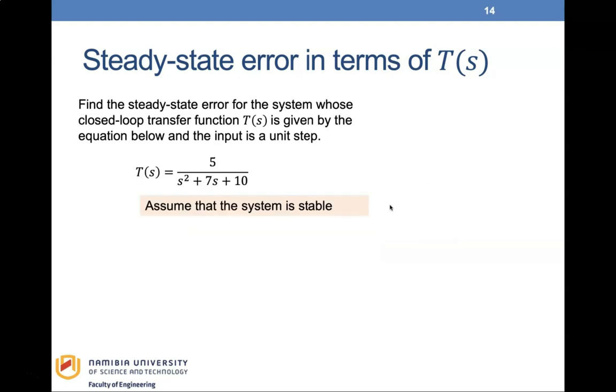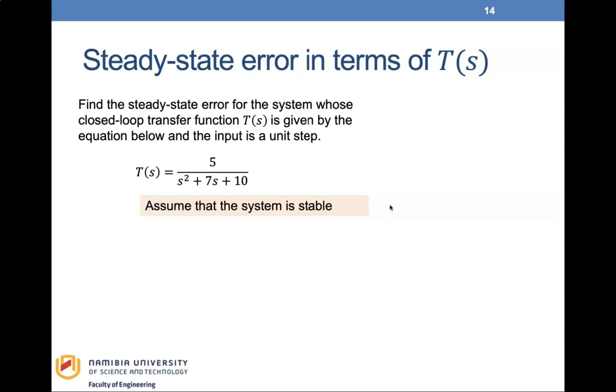In this example, we are to find the steady state error for the system whose closed loop transfer function T of S is given by T of S equal to 5 over S squared plus 7S plus 10. And the input is a unit step. We are to assume that the system is stable.